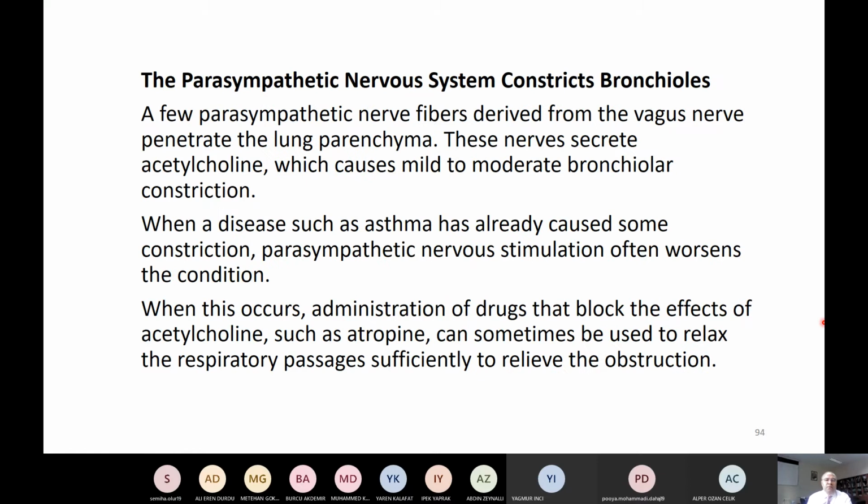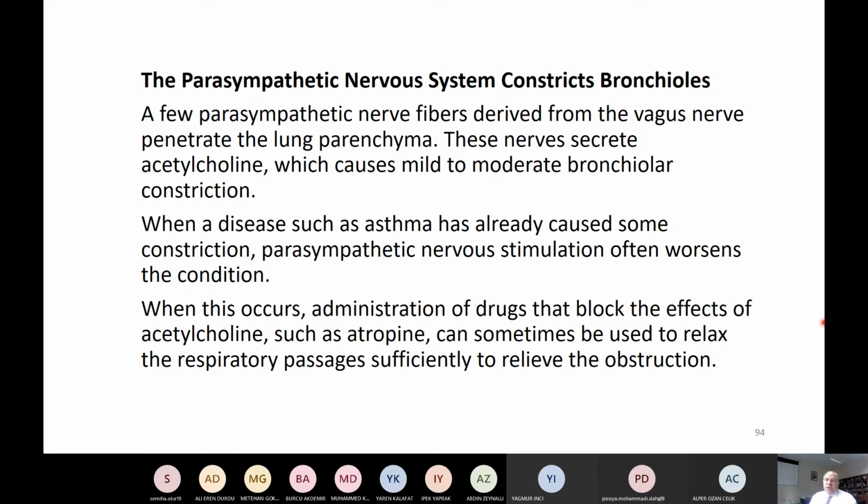Now, the parasympathetic nervous system has just the opposite effect, so it constricts the bronchioles. A few parasympathetic nerve fibers derived from the vagus nerve penetrate the lung parenchyma. These nerves secrete acetylcholine, which causes mild to moderate bronchiolar constriction.